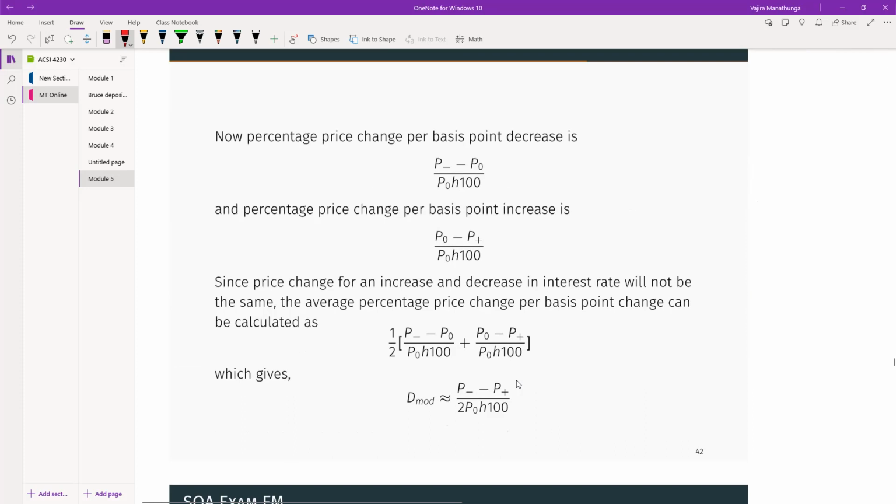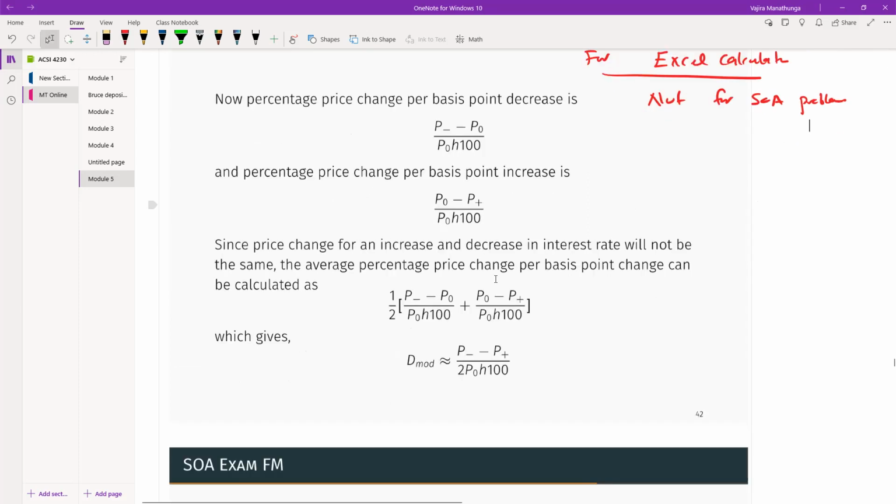Again, this is for Excel calculation, not for SOA problems. When you're doing an Excel calculation, this approach can be used to calculate modified duration.